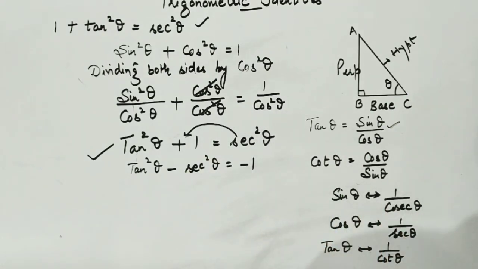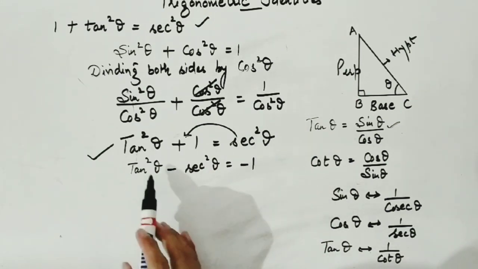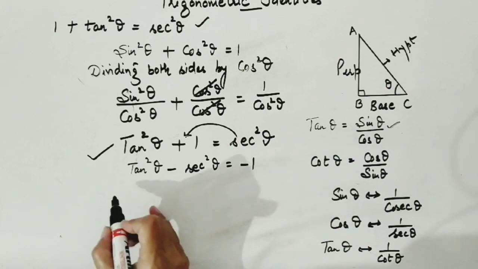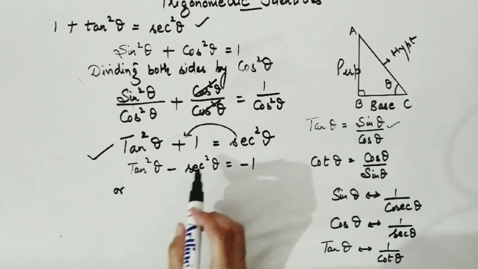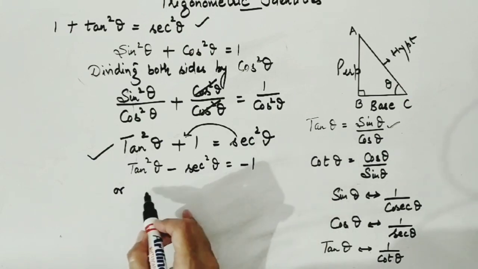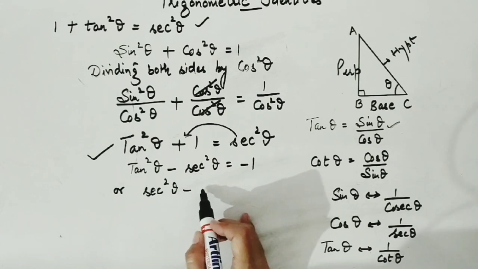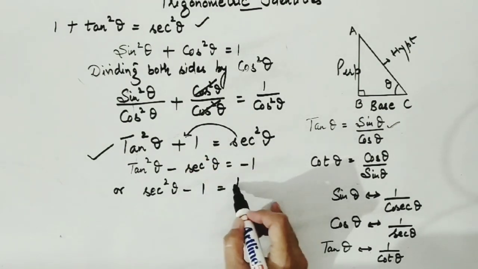Because you would see many interesting questions where the question has some formation, tan square minus sec square, replace it by minus 1. Or what else can be obtained from here? Sec square theta minus 1 would be tan square theta.